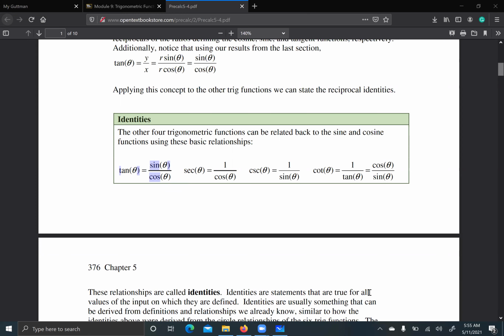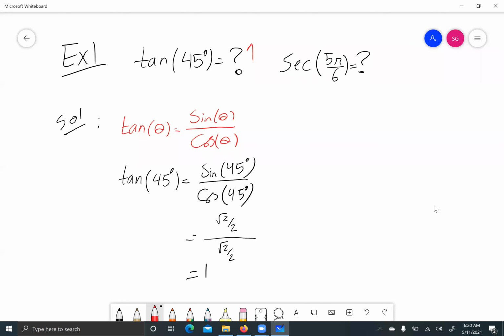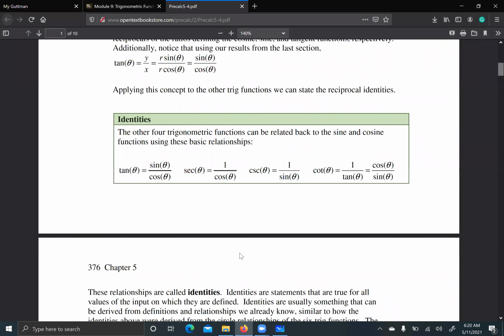Now let's evaluate secant of 5 pi over 6. What was secant? I need to refresh my mind, not in terms of a right triangle, but in terms of identity.